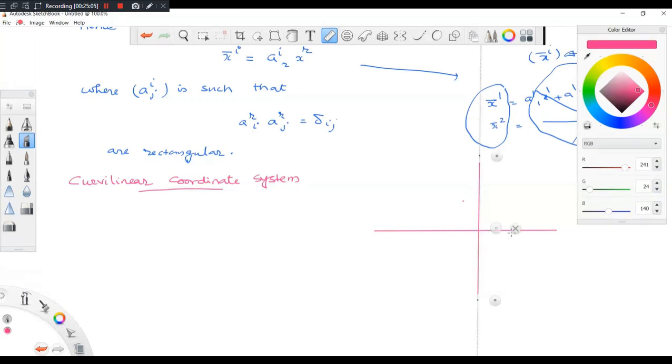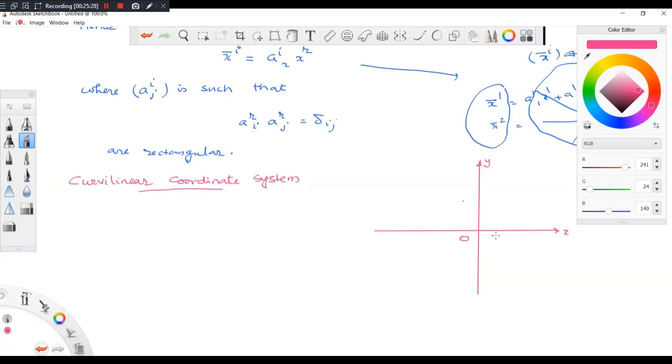You may call this a rectangular coordinate system. I have an x-axis and a y-axis, and they are perpendicular to each other. You call it a rectangular orthogonal coordinate system. That is why I have considered these quantities in this coordinate system.